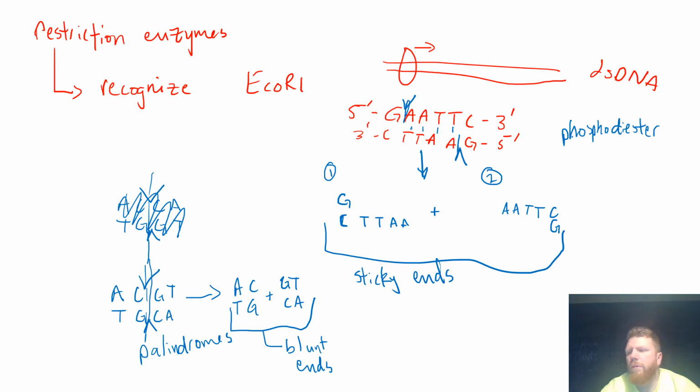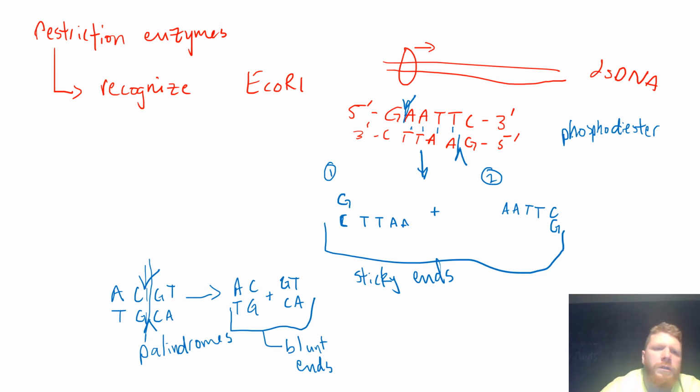So those are some pretty important things about restriction enzymes. One last thing that I want to talk to you about was the frequency of seeing the products. If we think about a randomly generated piece of DNA, it's important to think about probabilities when you're thinking about restriction enzymes.